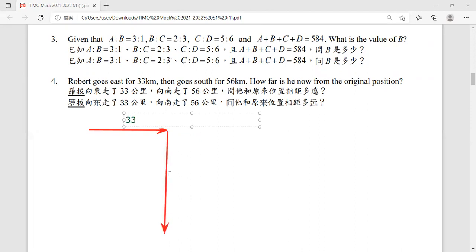So you have to find this distance. Actually, we can use the Pythagoras theorem for this one. You know what the Pythagoras theorem is?